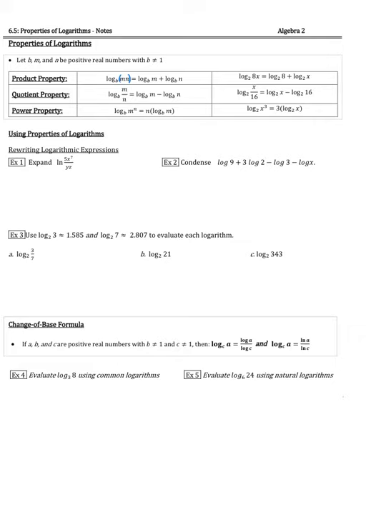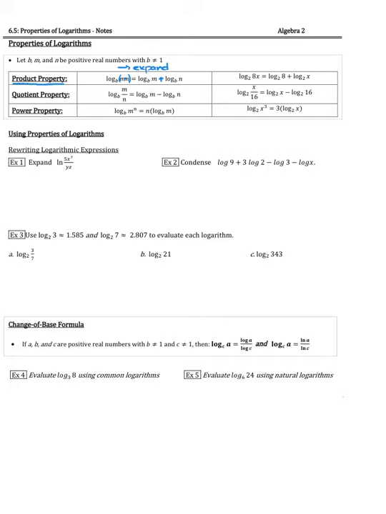So if I have, in this first one, the product property, if I have a product in my argument, log base b of m times n, I can expand, so going in this direction you are expanding so that each element in your argument gets its own log. So we get log base b of m plus log base b of n.